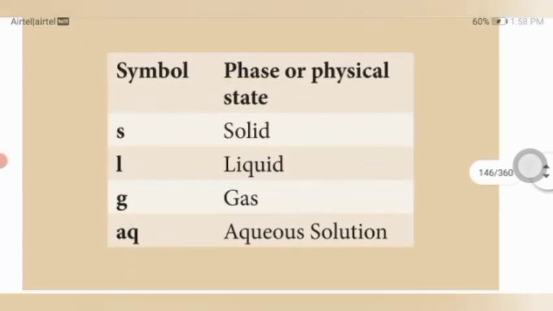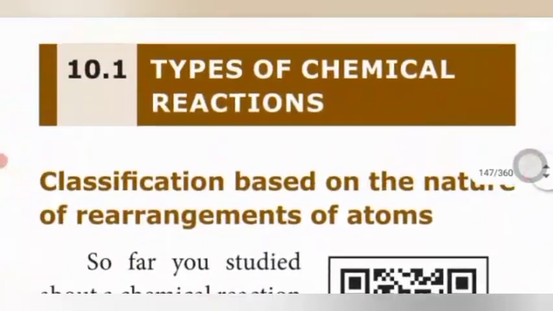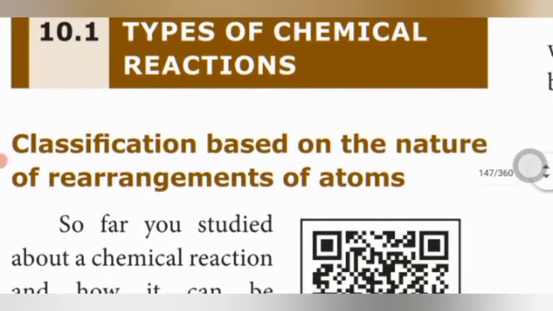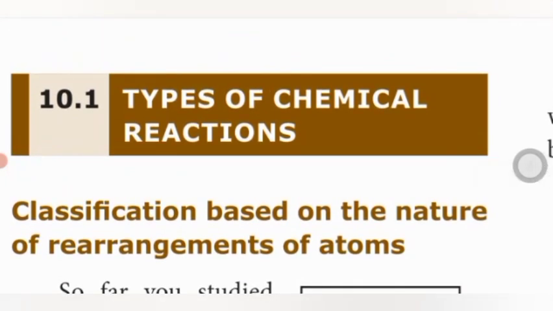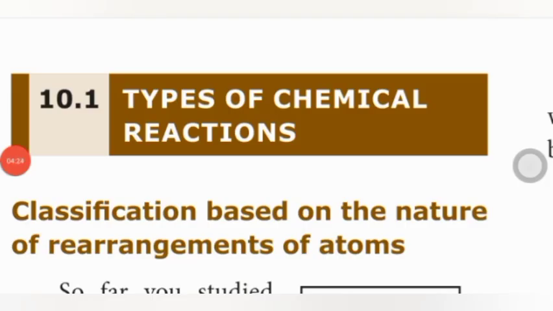Let's move on. Types of chemical reaction. The first classification is based on the nature of rearrangement of the atoms. A large number of chemical reactions take place around us every day.